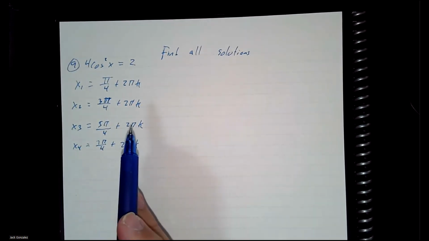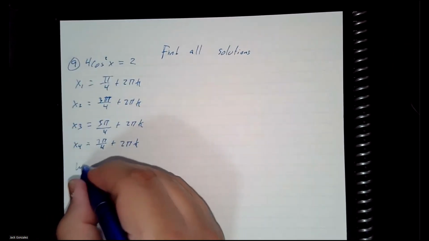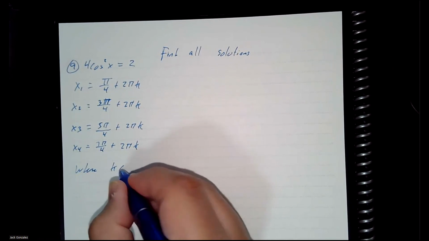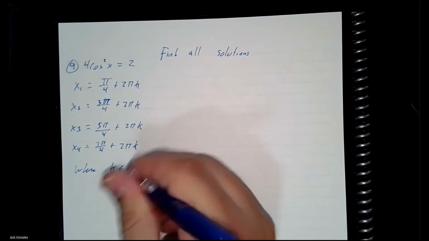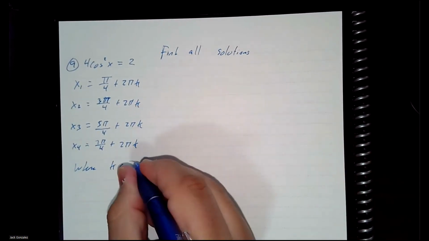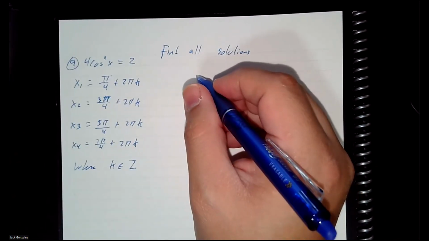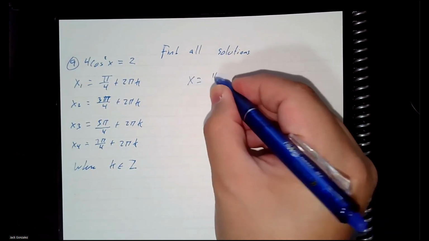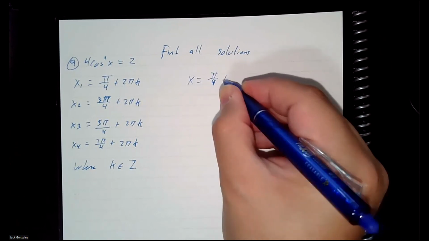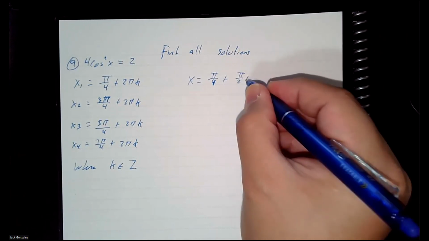So all the solutions from before. You can also technically combine these all into one, where k is an integer. Technically, you could have said x is equal to pi over 4 plus pi over 2 k, right?